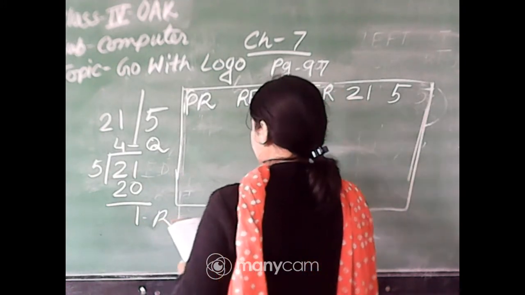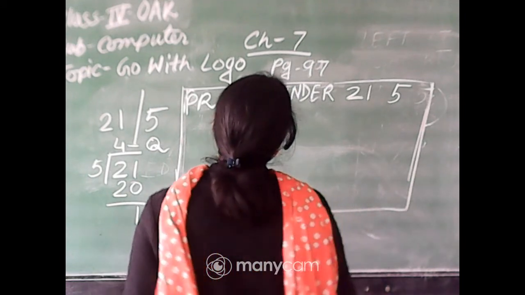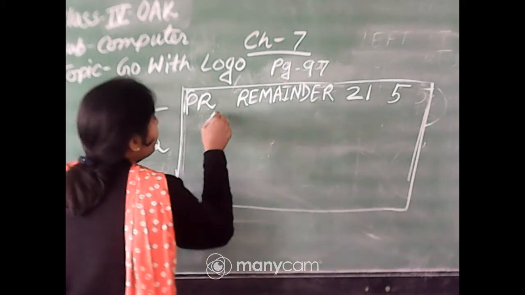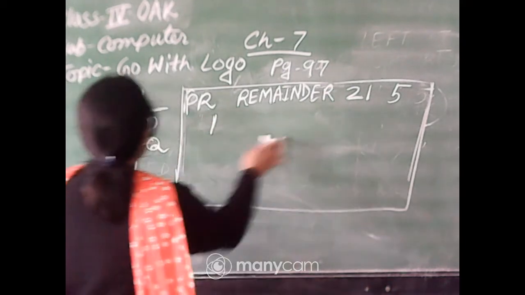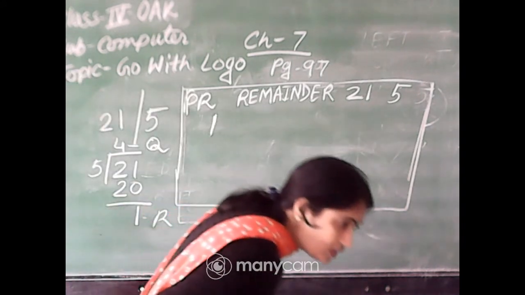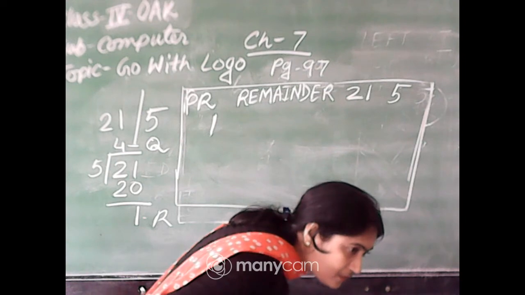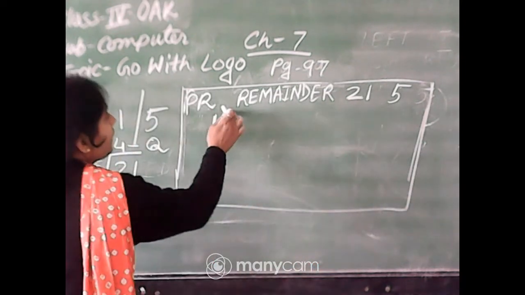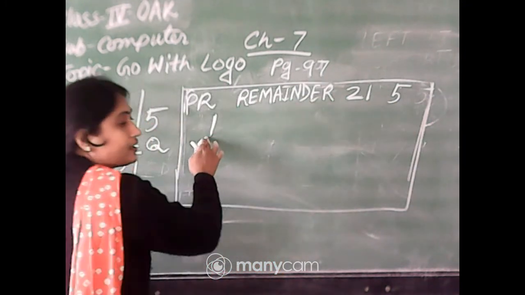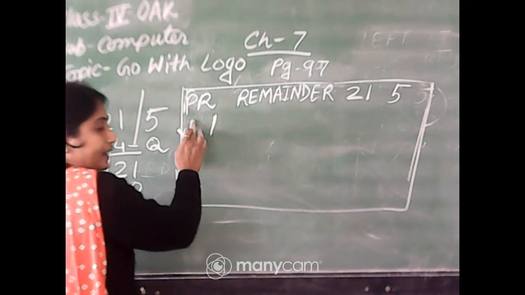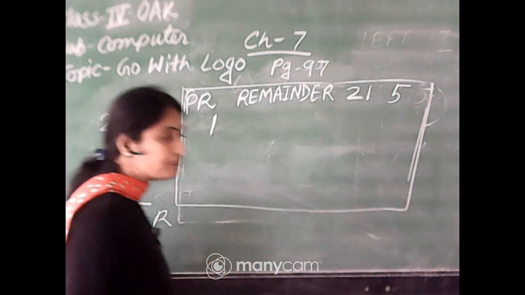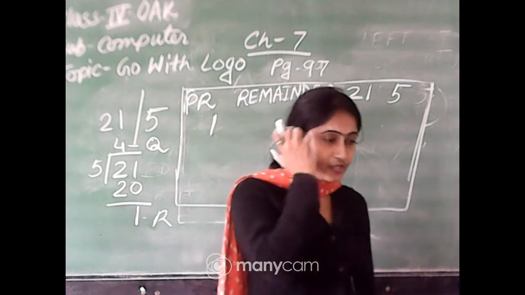REMAINDER 21 and 5, and we can see the output here is 1, because only the remainder part will show as the answer. Okay. 4 is the quotient, so if you apply PR quotient 21 5, 4 will be the answer. If you write the command PR remainder 21 and 5, the answer will be 1. This means the remainder part will show over here.